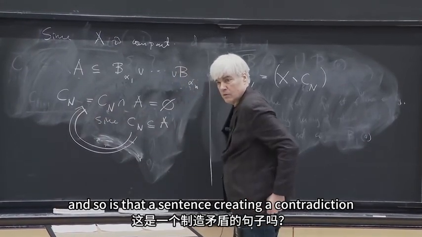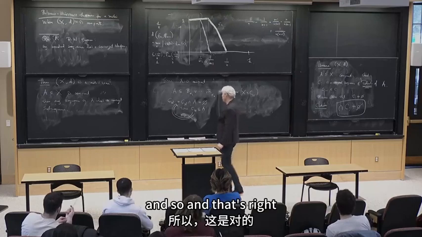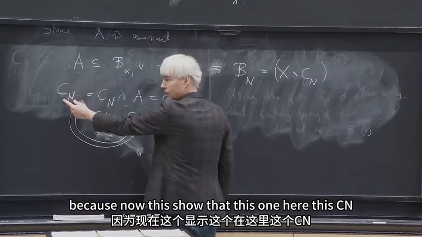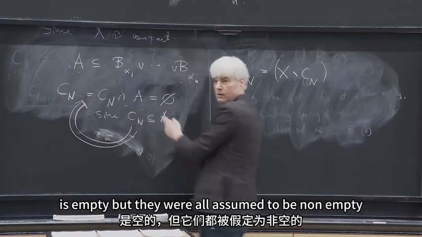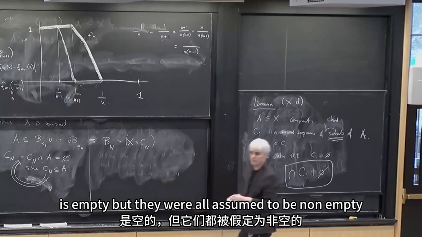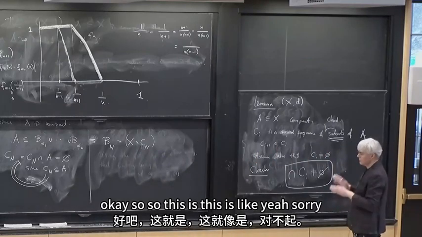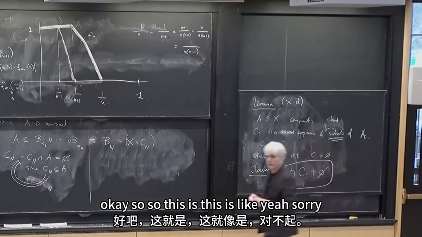Is that essentially creating a contradiction? That's right, that's a contradiction, because now this shows that this Cn is empty, but they were all assumed to be non-empty.